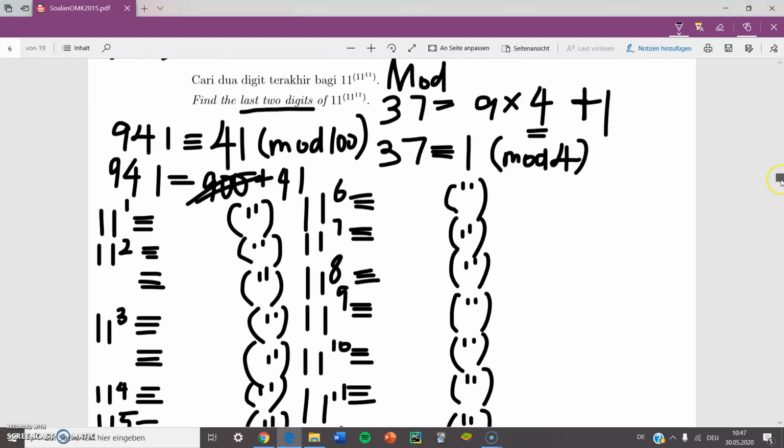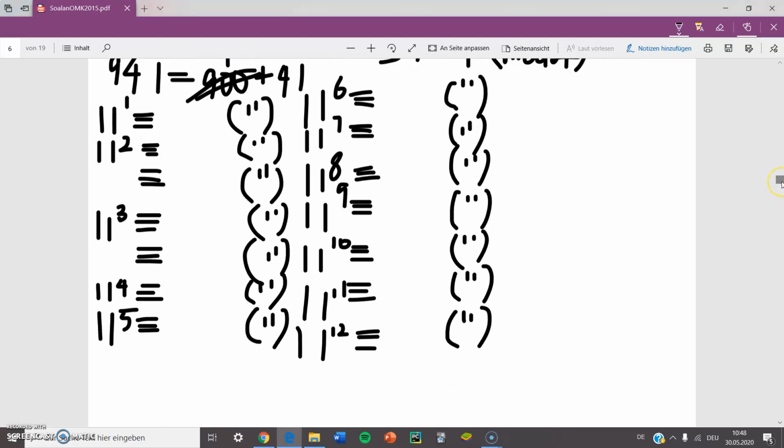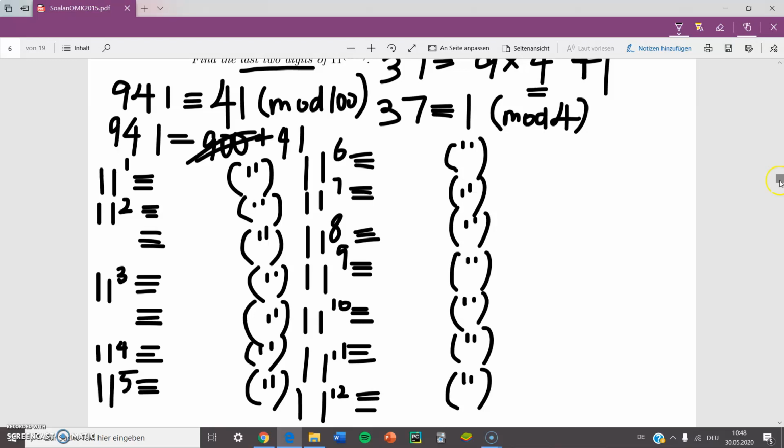For 11 to the power of 1, mod 100, the remainder is 11. Then 11 squared, 11 times 11, is 121, so it is congruent to 21 mod 100, just taking the last two digits.